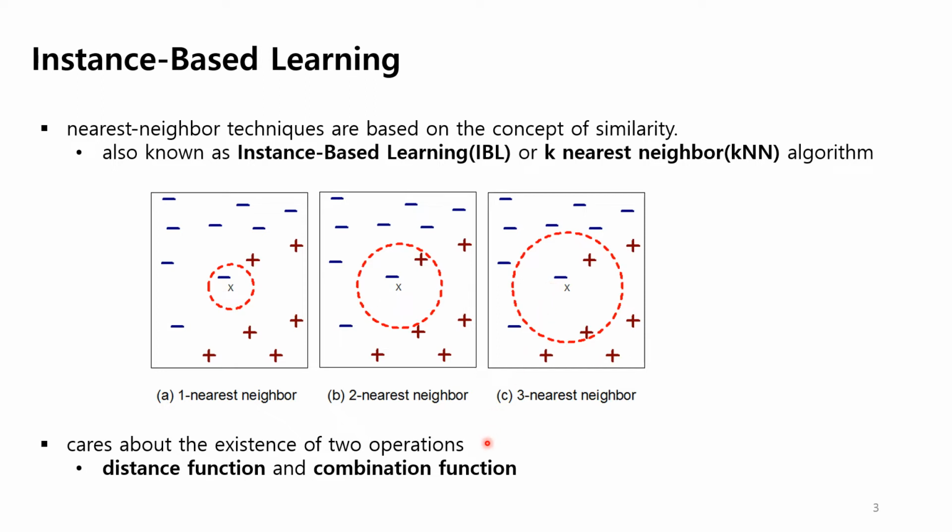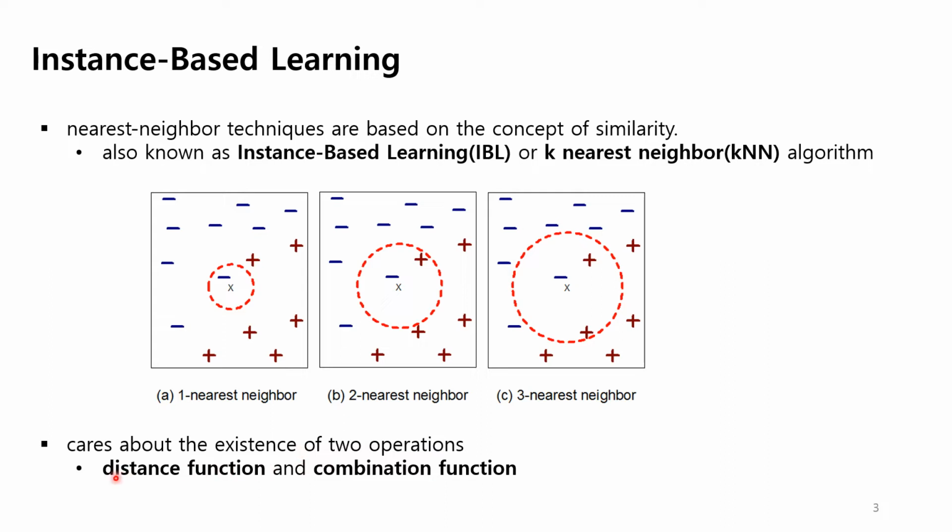So because instance-based learning is based on the concept of similarity, and as I said here, it also depends on the way you combine the values of neighbors, there are two important operations, two important functions in instance-based learning.